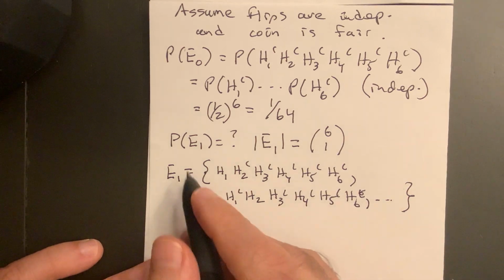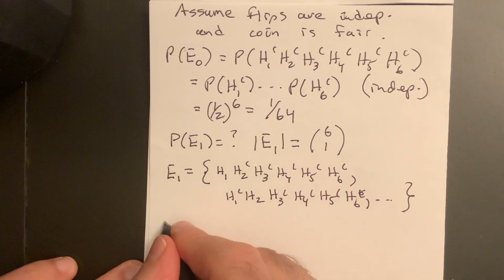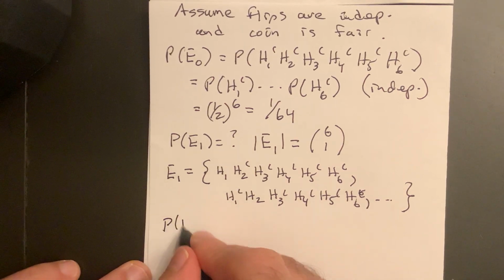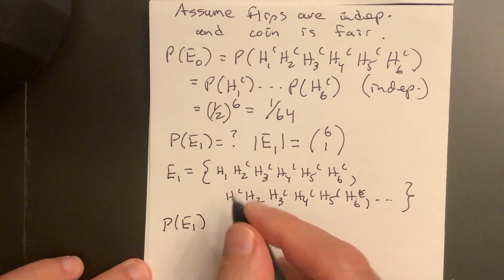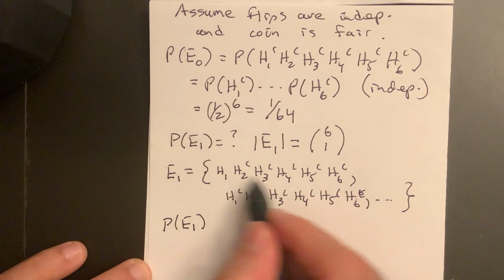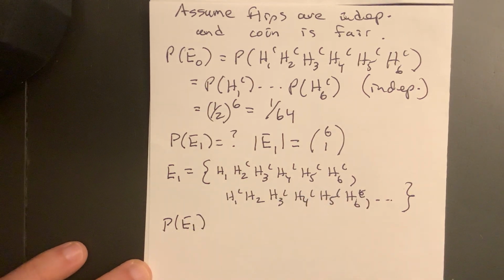So to compute the probability of E1, each of these has a probability of 1/64, and there are 6 of them.